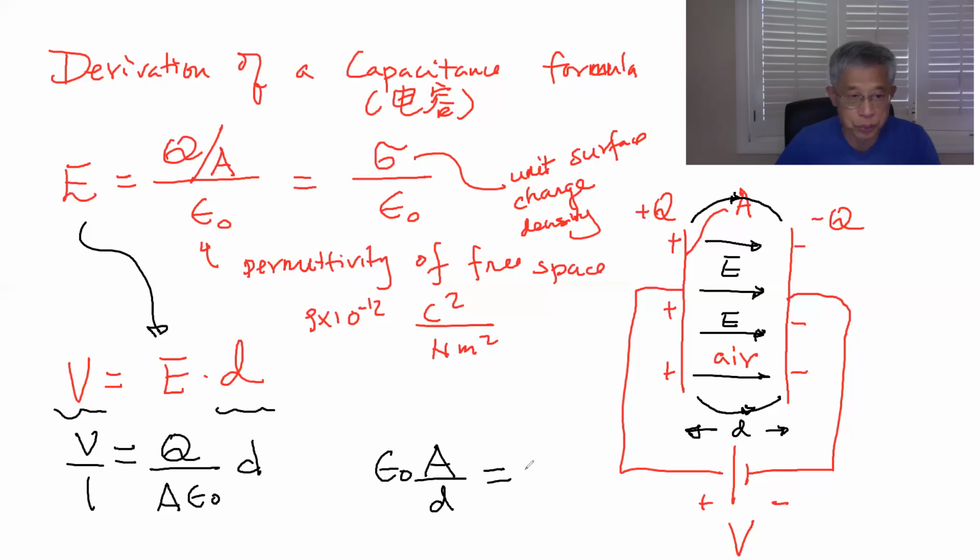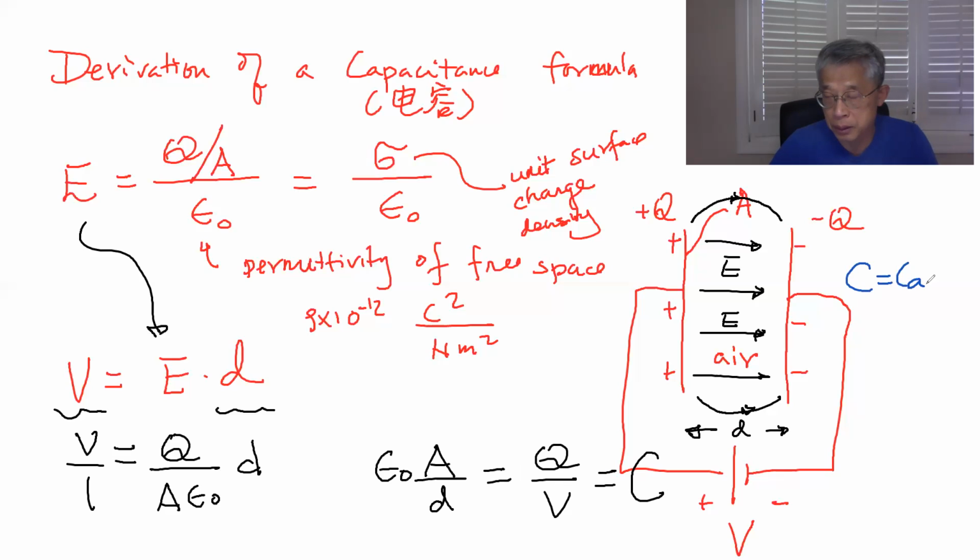So that's equal to epsilon 0 A divided by D. So that must be Q divided by V. And Q divided by V, the scientists define this one as the capacitance. So C is the new variable, and C is called capacitance. And that's in unit of farad, F-A-R-A-D.